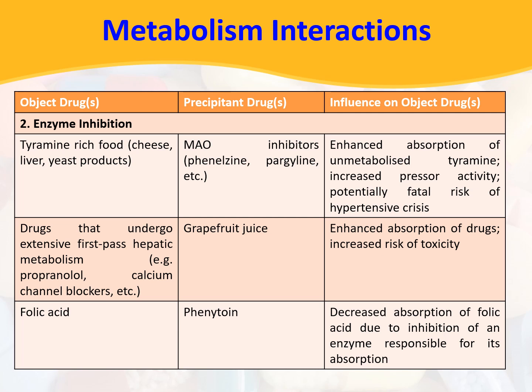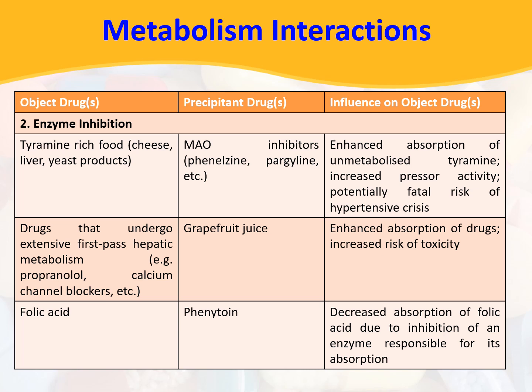Whenever the MAO inhibitors are taken along with tyramine-rich foods, it leads to enhanced absorption of unmetabolized tyramine, and this leads to increased pressor activity, and it can cause a potentially fatal risk of hypertensive crisis.